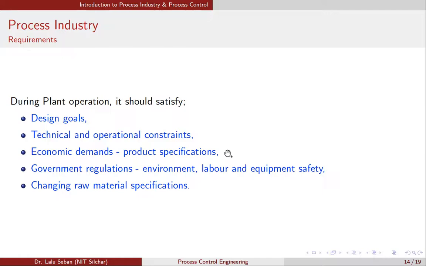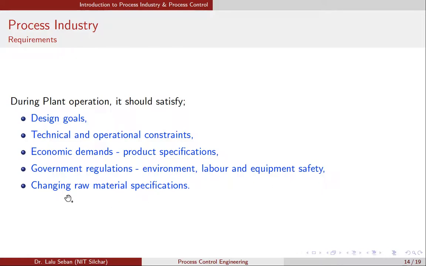Recently, you may have noticed that the Indian government has changed the standard of petroleum that can be sold in the country. So definitely all the refineries, for example, need to update the standard of the output. Then there will be government regulations with respect to environment, regarding pollution, regarding sound. Then labor rules will be there, and also the equipment and personal safety need to be maintained.